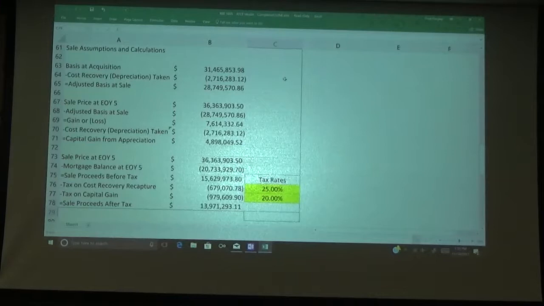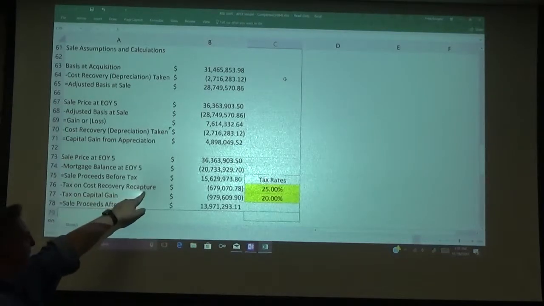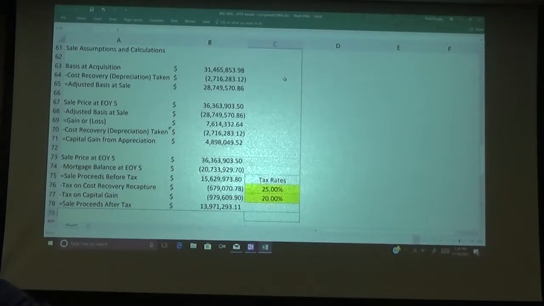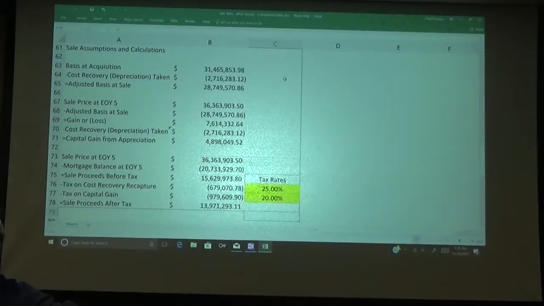That's what's called cost recovery recapture. The IRS is basically taking what they gave you and taking it back, and taxing you on it. Does that make sense? So do you ever win? No. And they're hitting you for your appreciation as well.